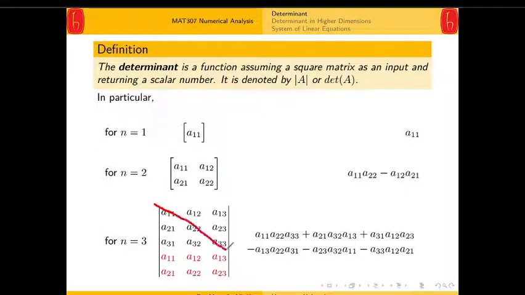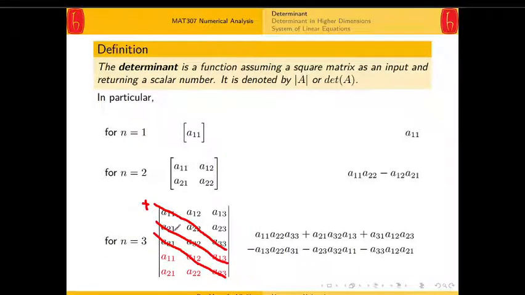First one will be this, and the second will be this one, and the last one will be this. And then we say these are all positive from left to right. These are all positive. And then we take the product A11, A22, A33 and say this is positive.